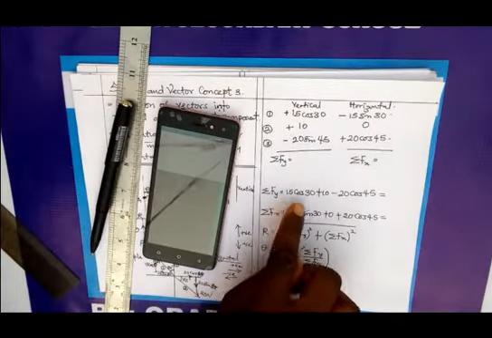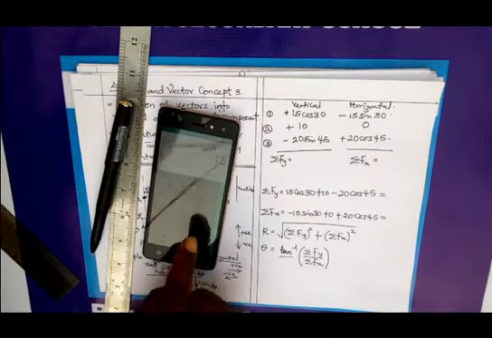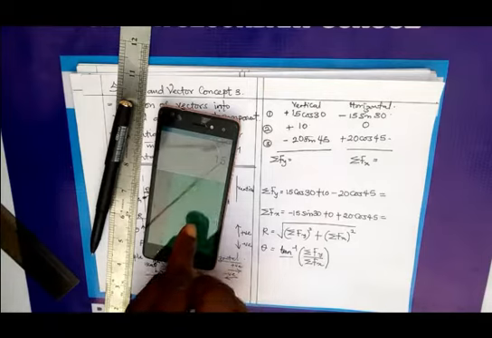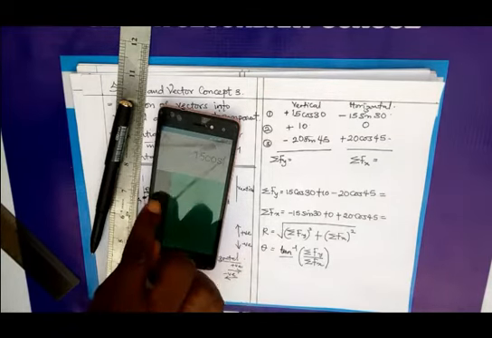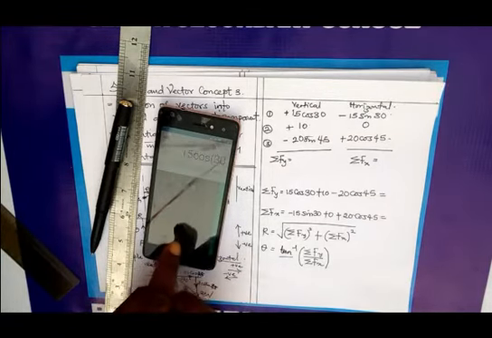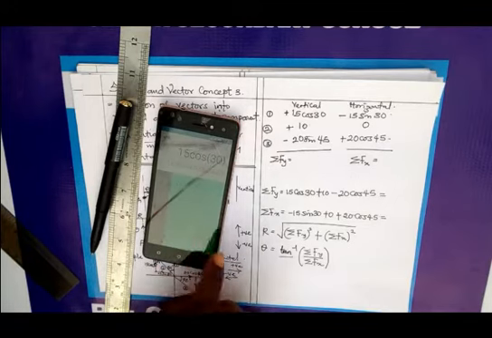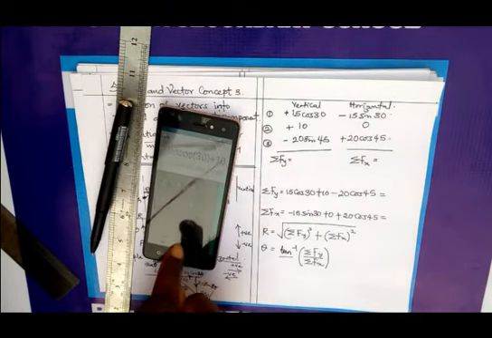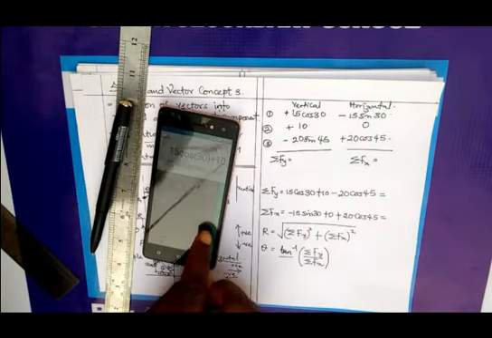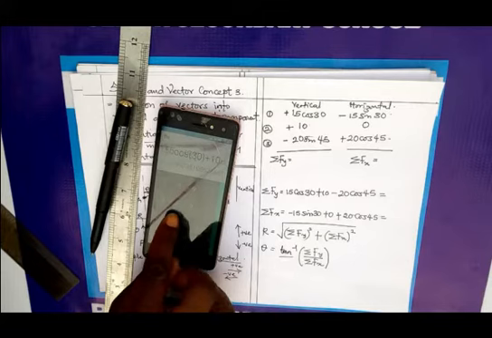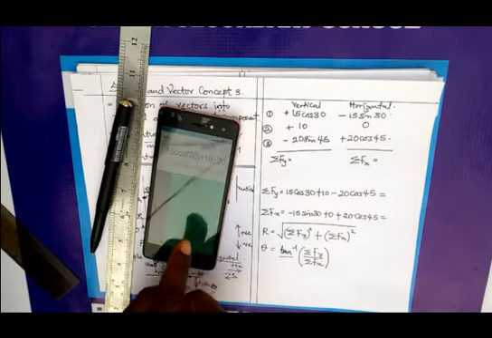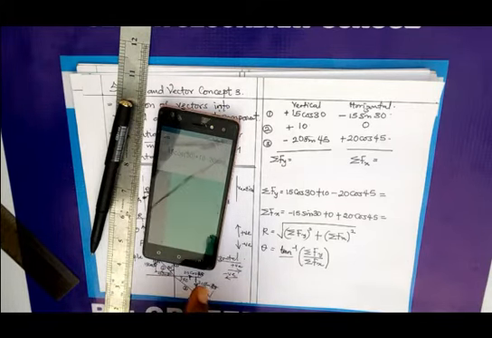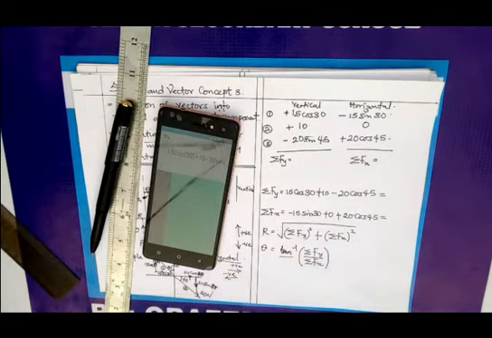I have 15 cos 30 plus 10 minus 20 cos 45.